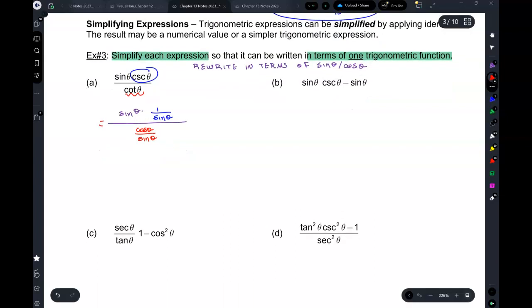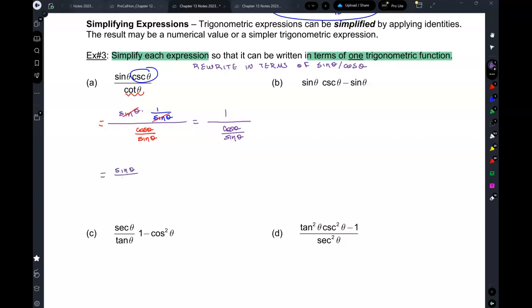Now, this sine and this sine here cancel out. So in that entire numerator, I am left with a 1 over cosine theta sine theta. So what is that? 1 over a fraction is its reciprocal, sine theta over cosine theta. In one trigonometric function, that is tangent theta. And that's where I'm done.